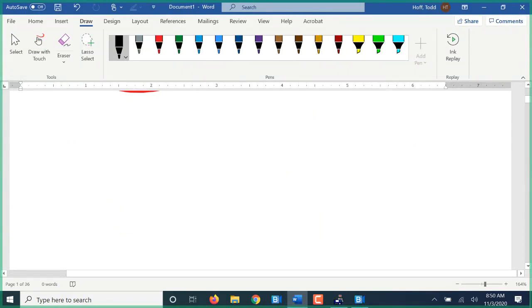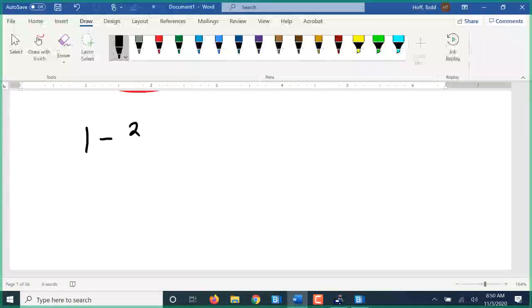For example, we might run into an equation like this. 1 minus 2 over x equals 14 over 3x minus 1/3. Of course, you'll notice that the variables are in those denominators.